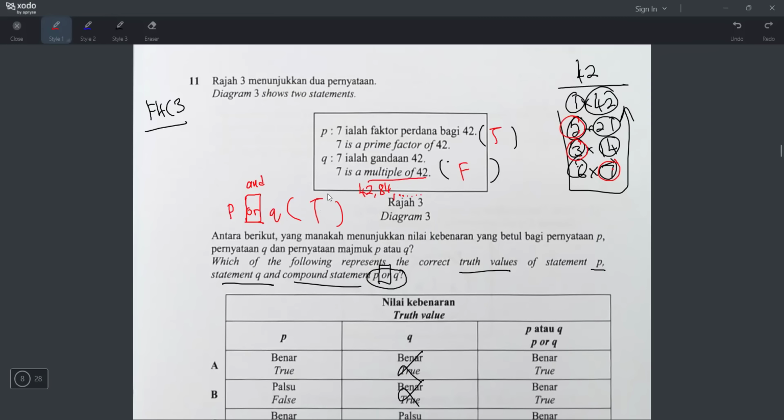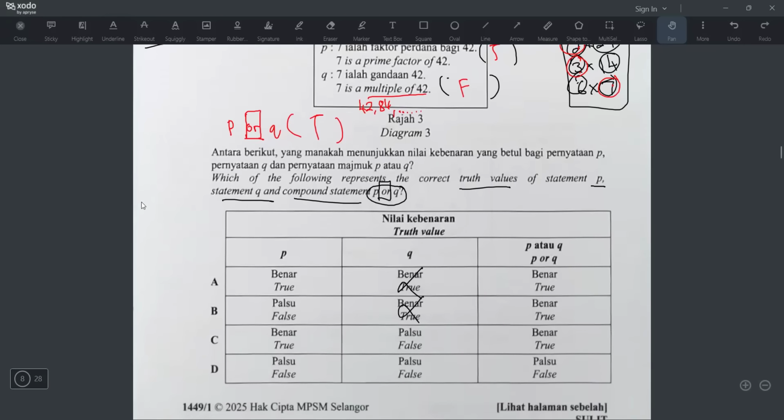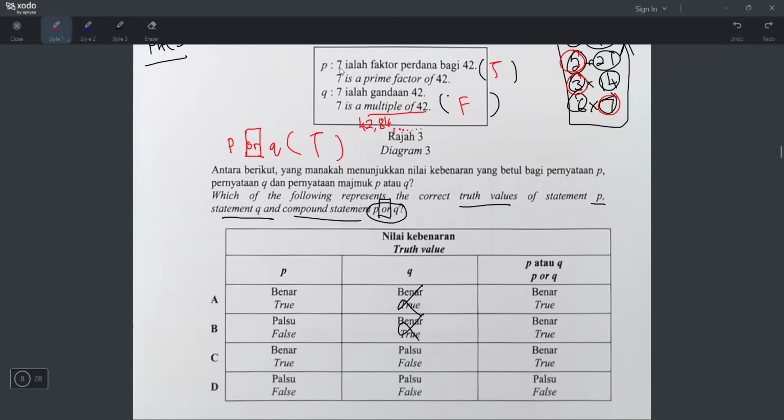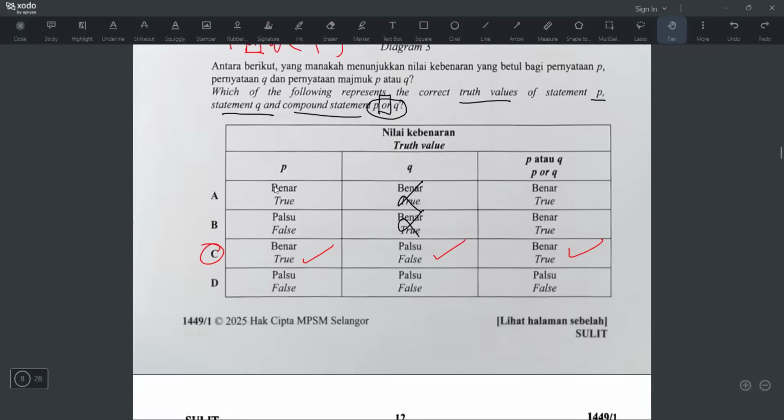If one is false, then the whole thing is false. That's for and. But for or, if one of them is true then the whole thing is true. So now I can circle the answer. P is true, Q is false, and P or Q is true. So C is the answer. All right, that's all.